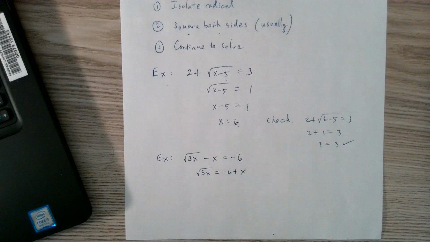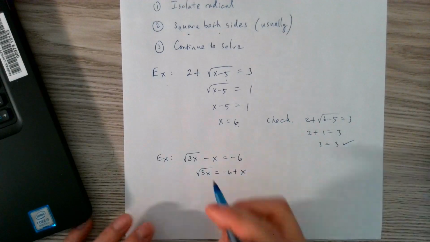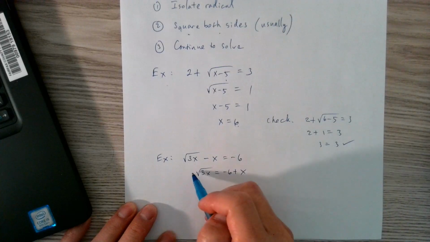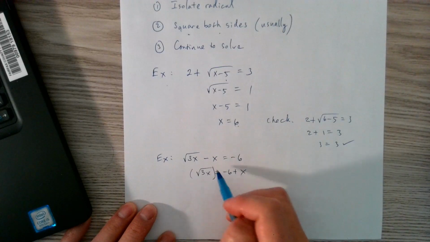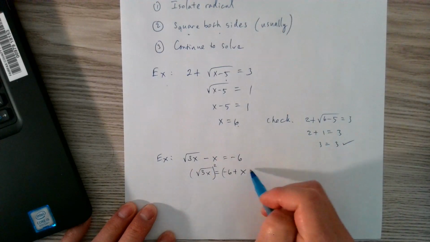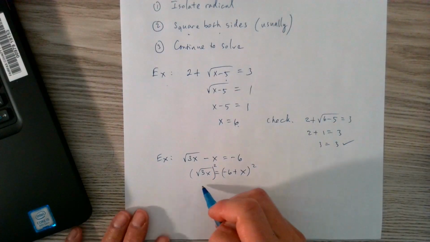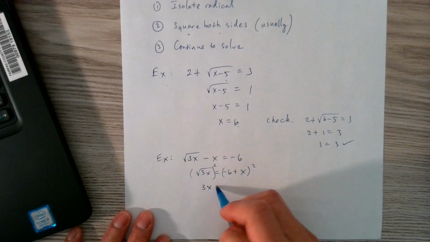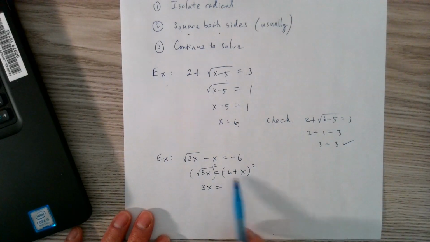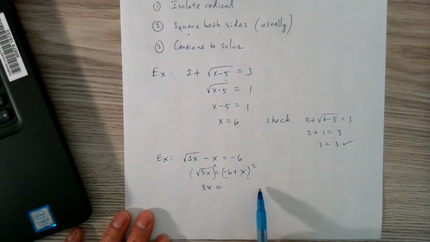Rad is now isolated, so now we square both sides. Now I'm actually going to write parentheses and the exponent this time so that we don't make any mistakes. And on the right side, since this is a binomial, we have to be careful when we're squaring.